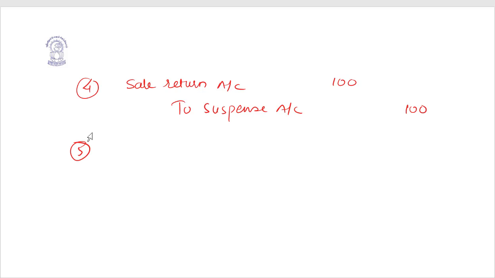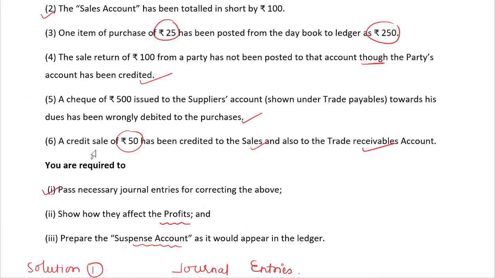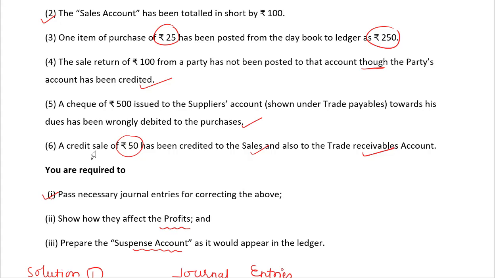Let's see the fifth one now. A check of 500 issued to the supplier towards his dues has been wrongly debited to the purchase. Okay, so we have debited the purchase, so we need to credit the purchase, and we have given a check to the supplier, that means trade payable.